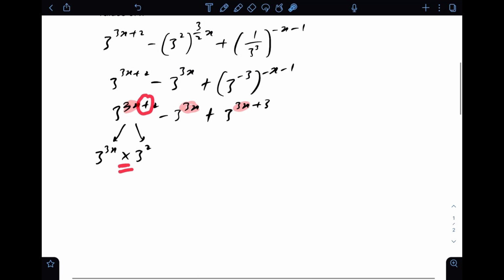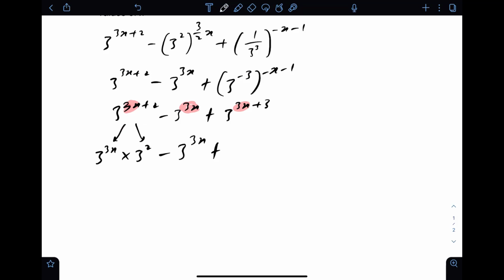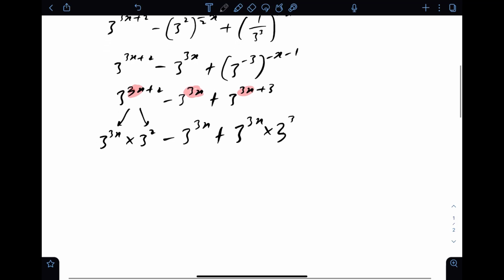Remember, when you multiply the same base, you can add the power. That's why you added the power. So we are just splitting it backwards. So minus 3 to the power 3x plus, same thing here, 3 to the power 3x times 27, or 3 to the power 3 first. Same thing. I am again just splitting this out into 2.